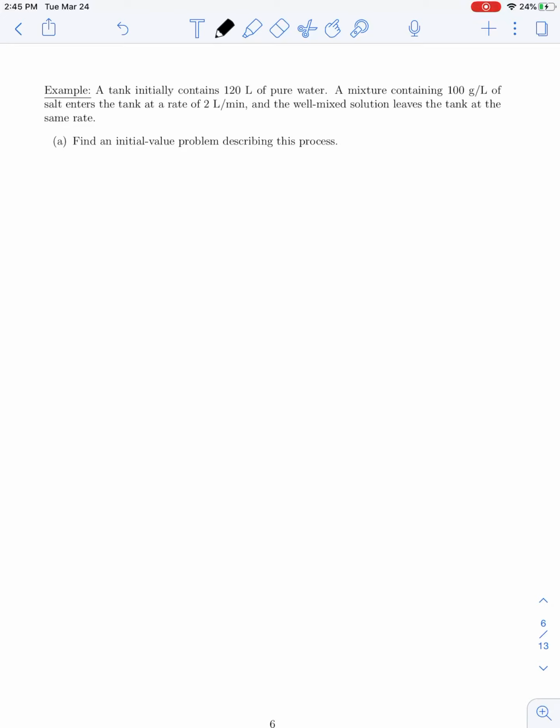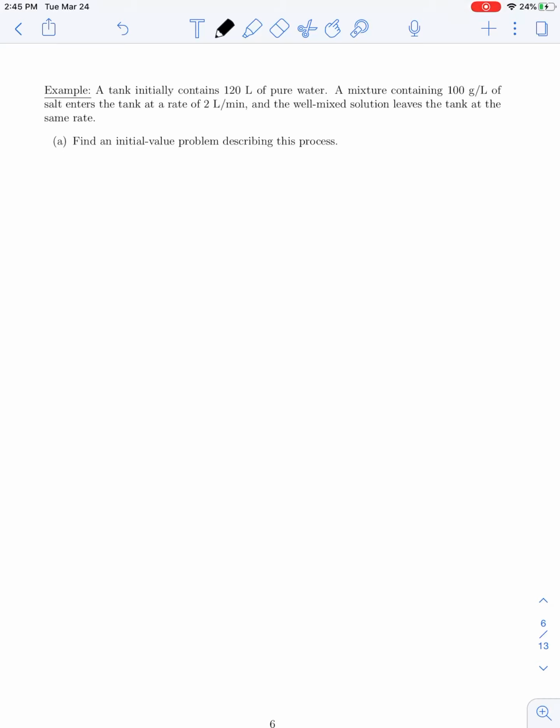So for this example, we might be interested in determining, well, what is the amount of salt in the tank at any given point in time? And we can answer that question by modeling this process with a differential equation.